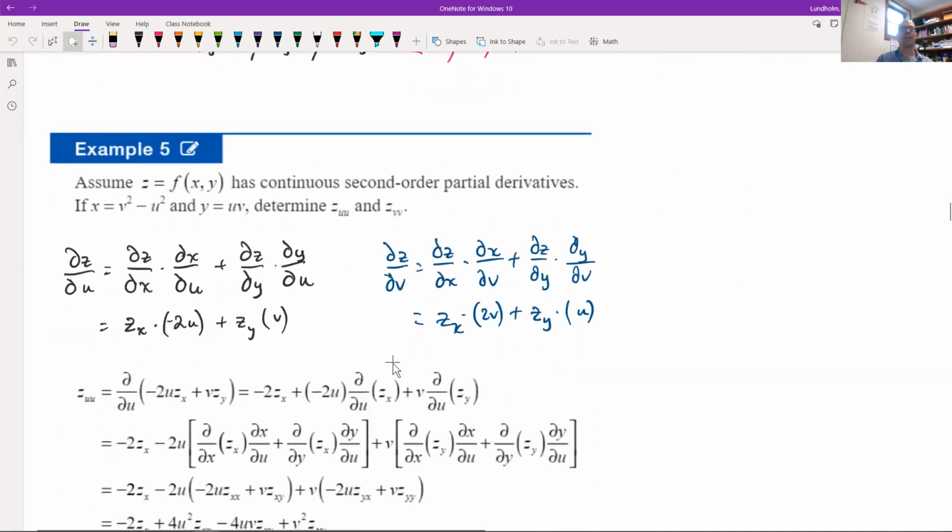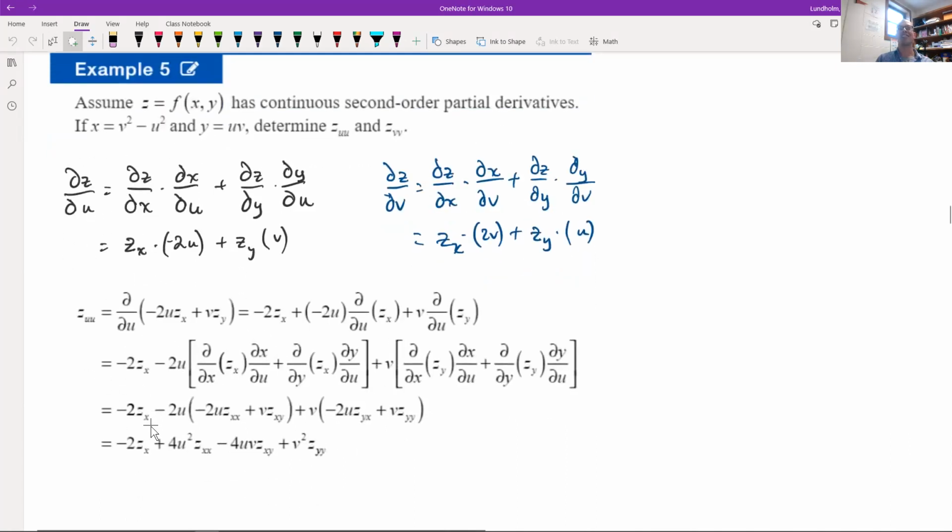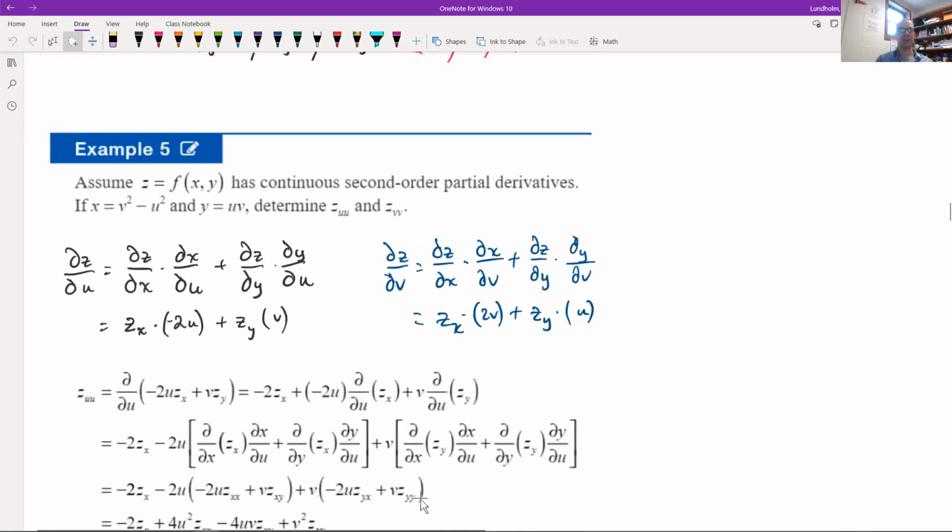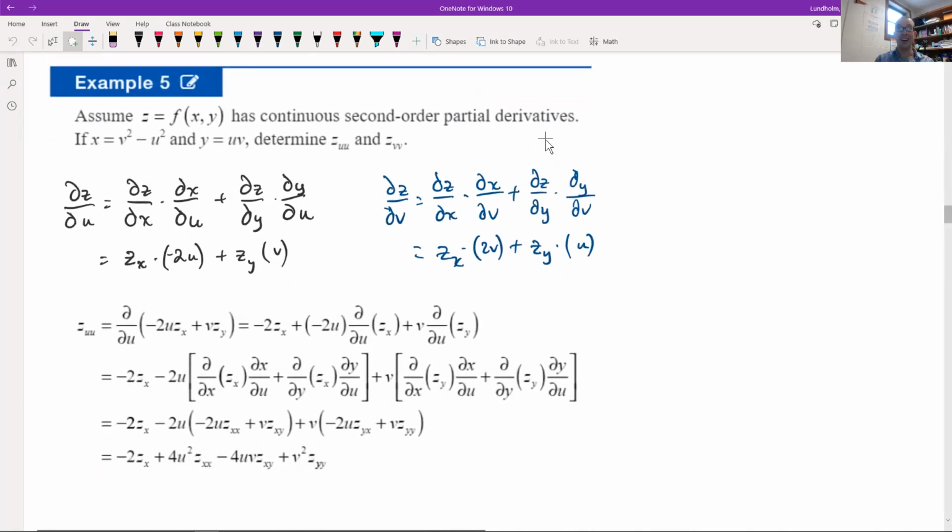Example number 5. Lovely. I even implore the book on this one because there's a lot to do. Here, we're looking at second order partial derivatives. Isn't that nice?